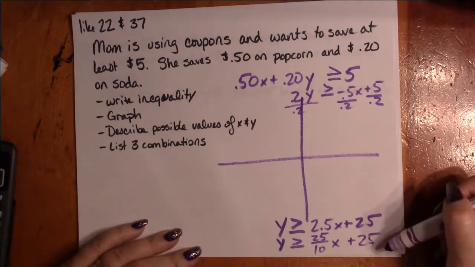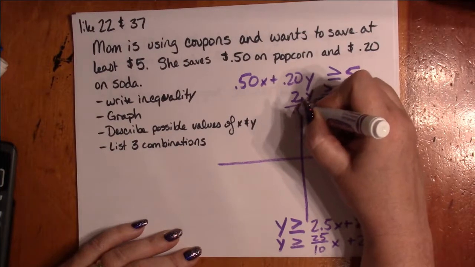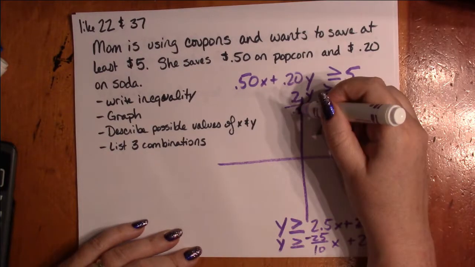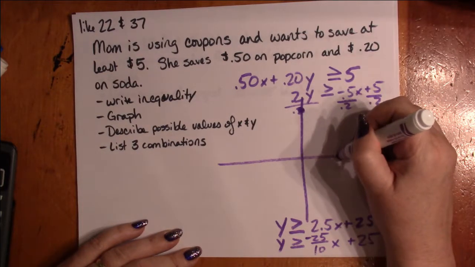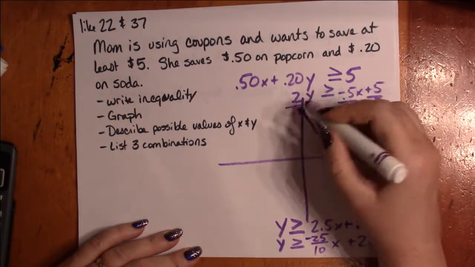Okay, so we're going to start way up here at 25, and we're going to go down 25 and over 10, and that's going to be our triangle right here.